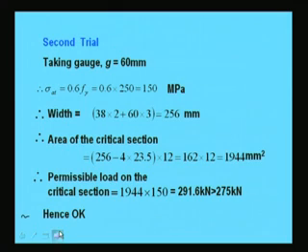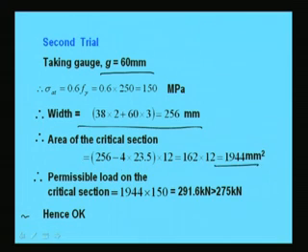So, if we provide the gauge distance as 60 mm, then the width is becoming 256 mm. Thus, the area of critical section is coming 1944 mm square and the permissible load is becoming 291.6 kilonewton, which is greater than 275 kilonewton.